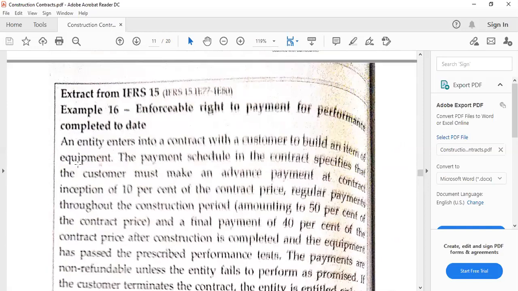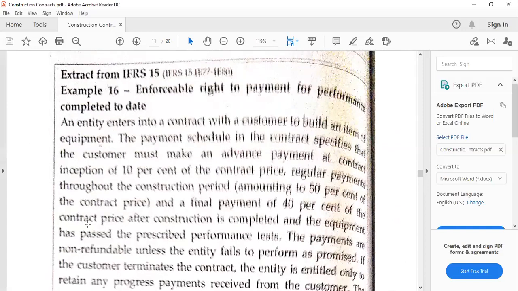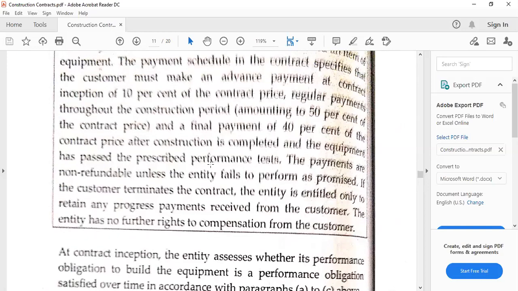Then here is another situation: enforceable right to payment for performance completed to date. Let us check the additional information. The payments are non-refundable unless the entity fails to perform as promised. If the customer terminates the contract, the entity is entitled only to retain any progress payments received from the customer.